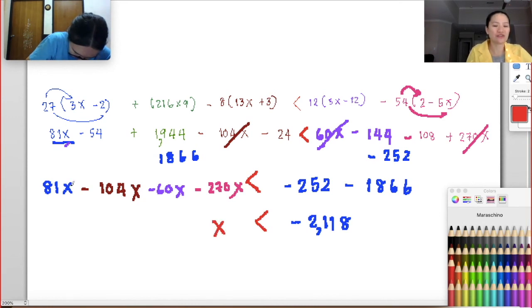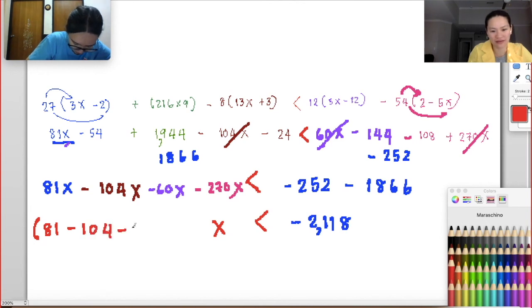This means what we're going to do, we do like this: 81 minus 104 minus 60 minus 270. What is your answer, please?